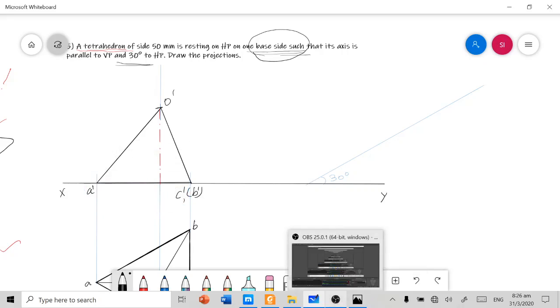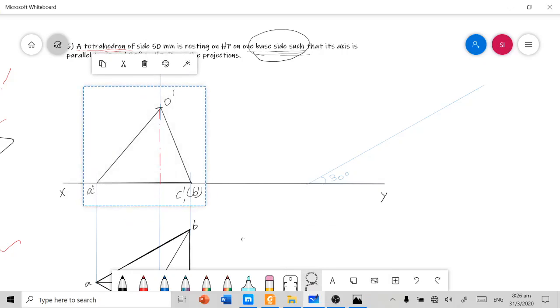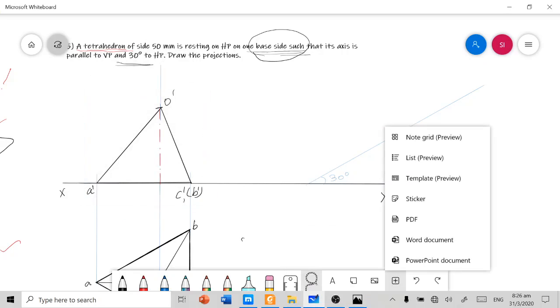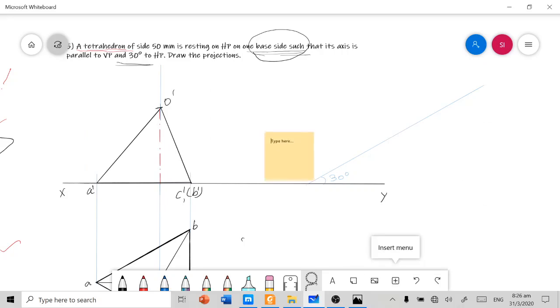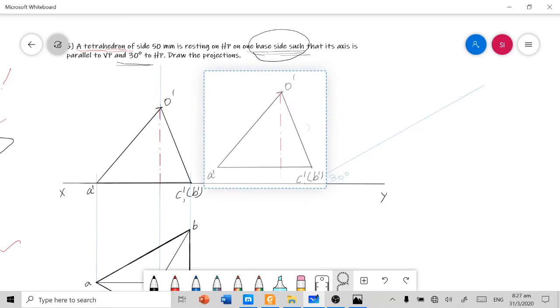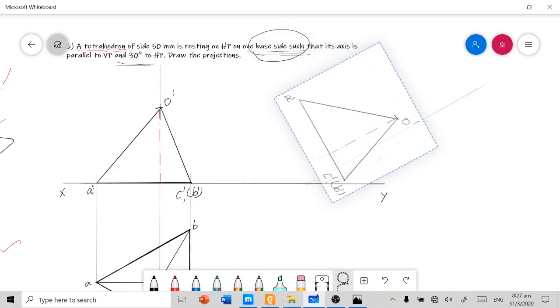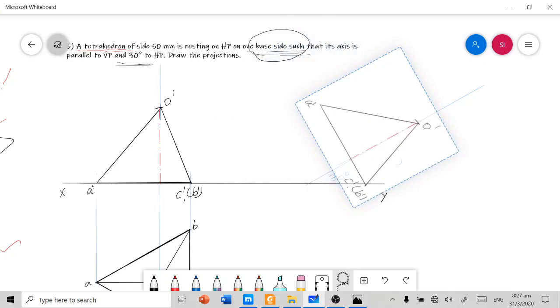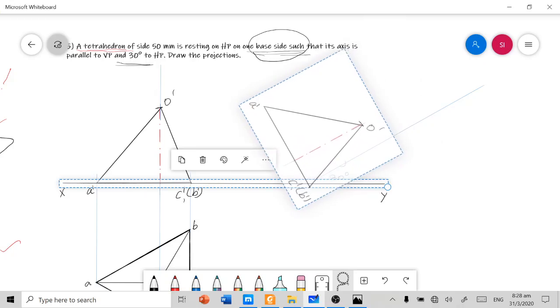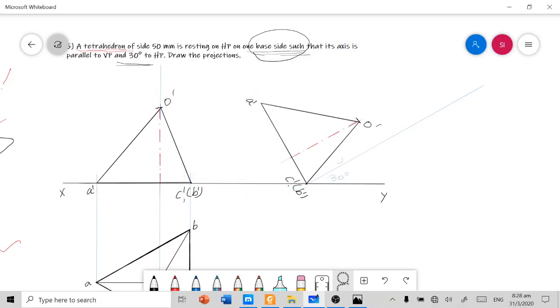It's O dash. And now this view can be drawn in this way.